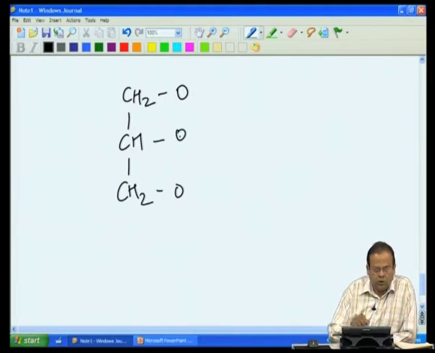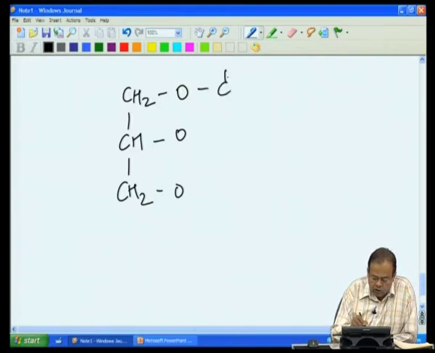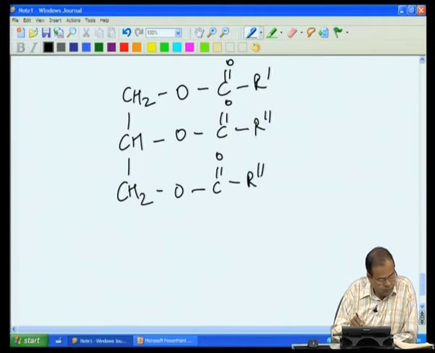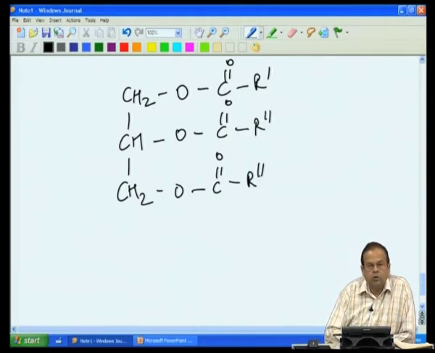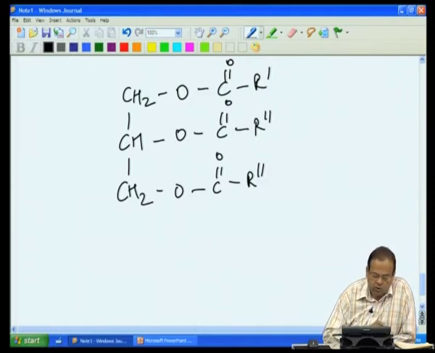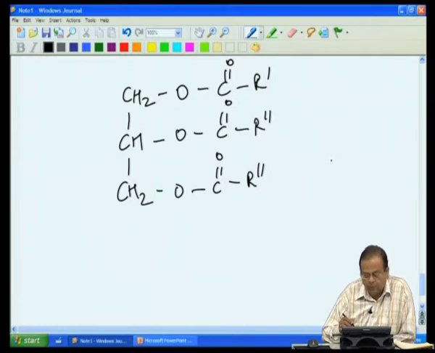We have glycerol, but it is an ester, so we have an acid. For the basic hydrolysis reaction, for example, if you hydrolyze this, you get CH2OH, CHOH, CH2OH and so on.